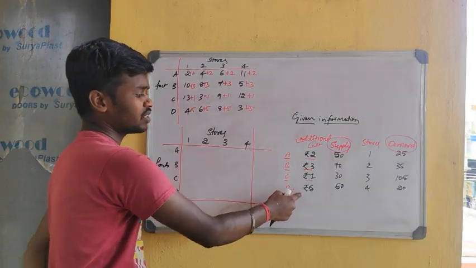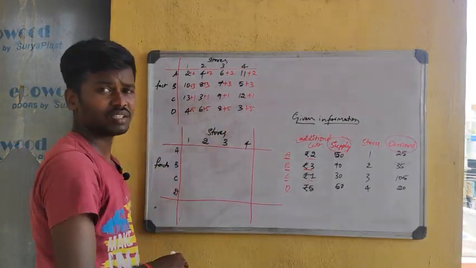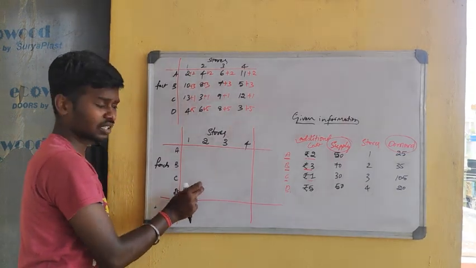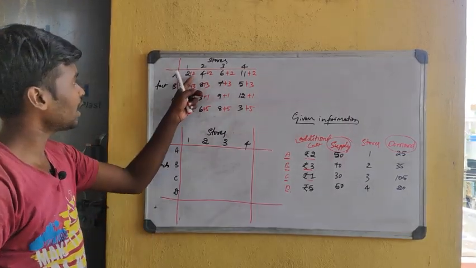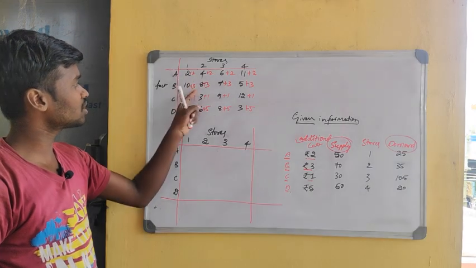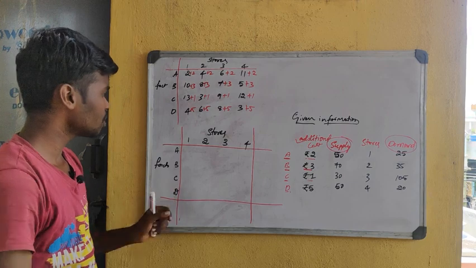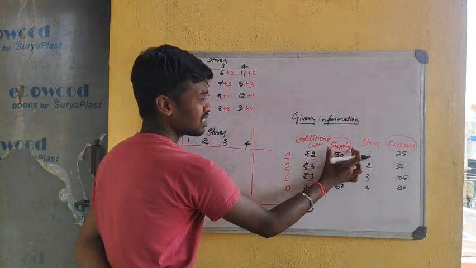Now, we have already applied this additional cost adjustment to this table. In calculating the unit costs, we have to add these 2 rupees, 3 rupees, 1 rupee and 5 rupees to the respective factories. Now see, where do we put the supply information?